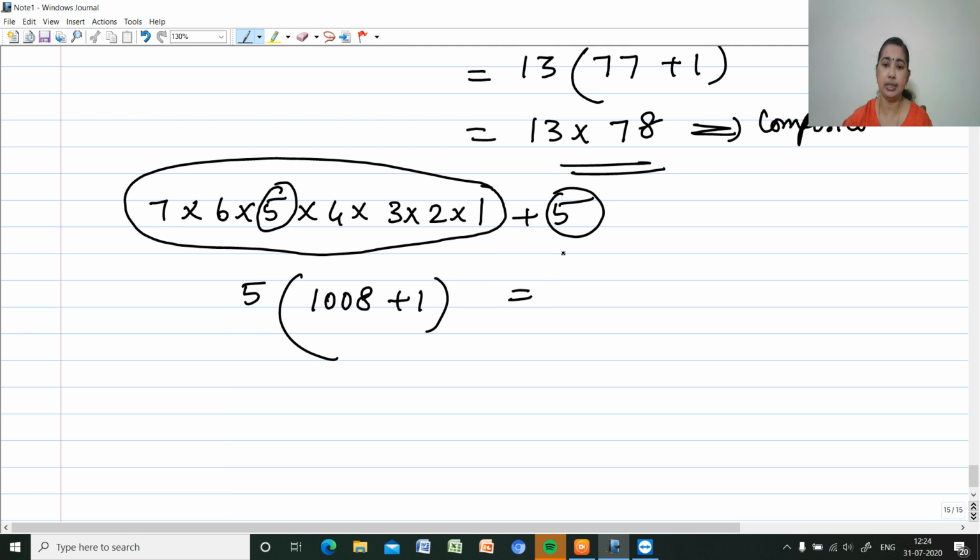Here, if I take 5 outside, 1 remains, because 5 is actually 5 into 1. So we get 5 into 1009. There also we are able to write this complete term as a product of two numbers, therefore this is also composite. Composite means having factors. A number which has factors we call a composite number.